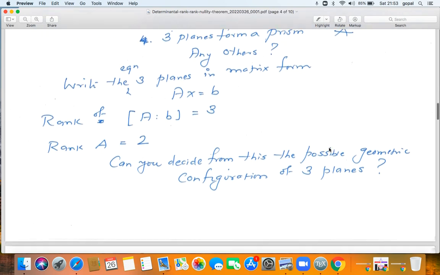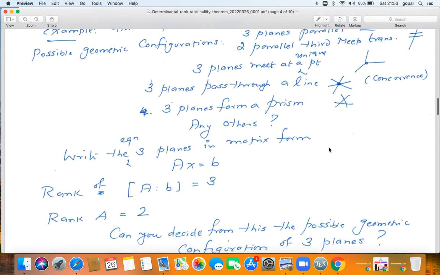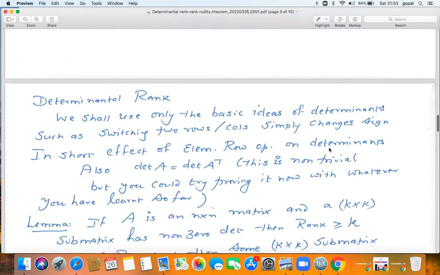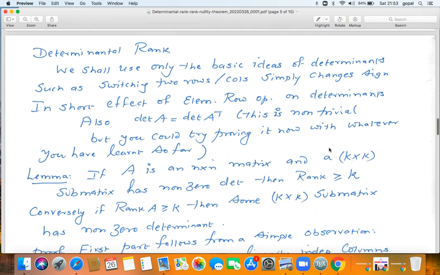So after this little exercise in geometry, let us now go to the next bit of theory: determinantal rank. Now I'm going to assume that you know the basic properties of determinants. You don't have to know the whole theory of the determinant in great detail. What you really need from the theory of determinants is the following. Determinant of A equals determinant of A transpose.